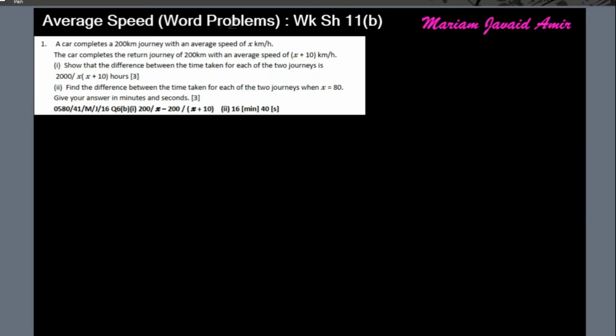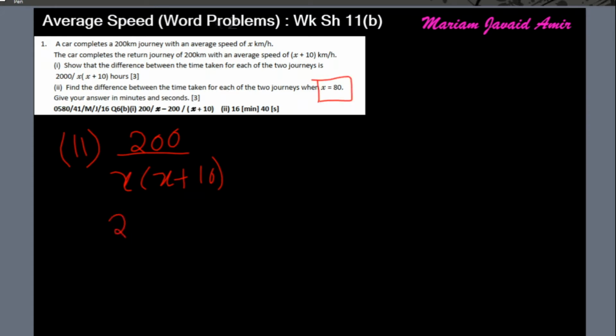Part 2. Find the difference between the time taken for each of the two journeys when x equals 80. Give your answer in minutes and seconds. So we have the expression from part 1, which is this. In this we simply need to substitute x equals 80. So let's do that.